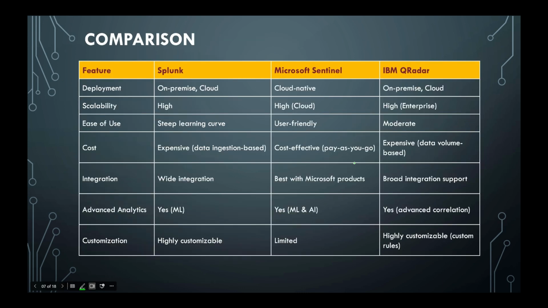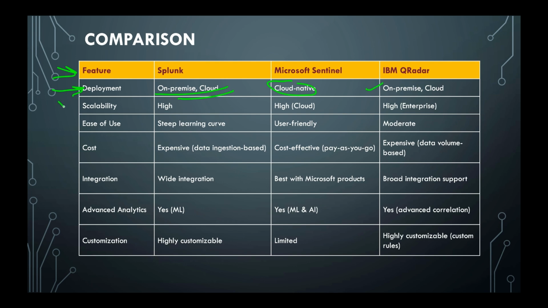All right, so here is the comparison chart. Features: Splunk, Microsoft Sentinel, and QRadar. Deployment type: Splunk is on-prem and cloud-based both, while Microsoft Sentinel is cloud native only. IBM QRadar is also a hybrid type of SIEM.